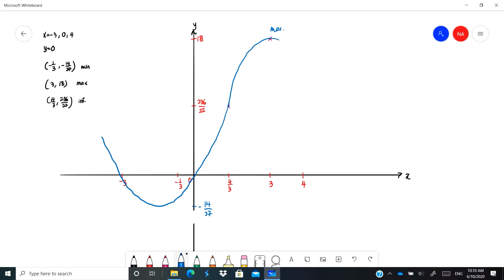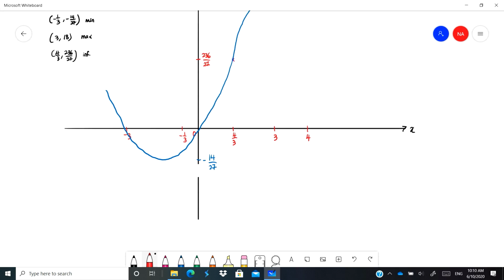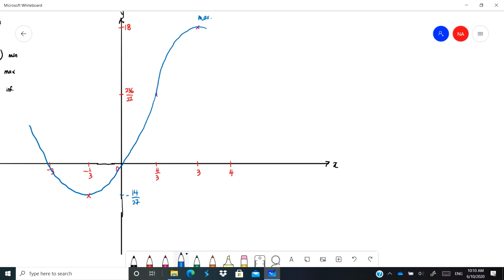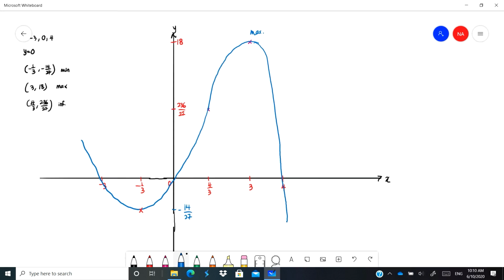That will be somewhere around here. I'm going to put the -1/3 here, because I want to make the shape of the graph better. So you can change the points when you draw the graph. Something like this, and you must pass through 4. So we'll have this graph.